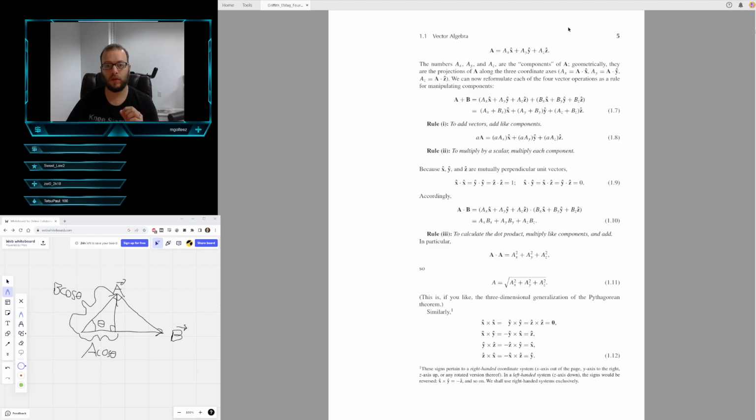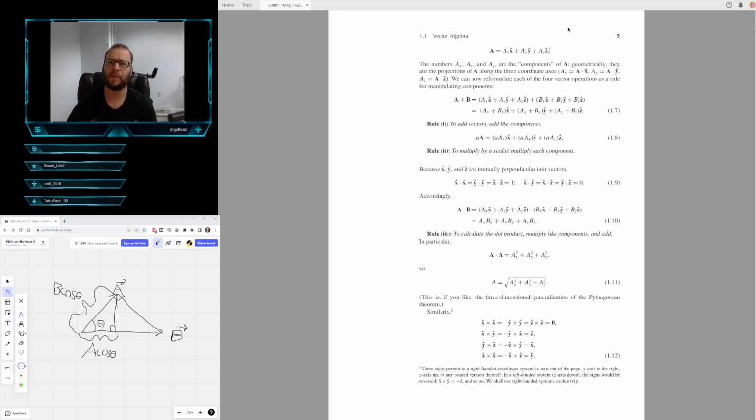So to add vectors, like a plus b, what if you can't do it graphically? You're trying to add two values together. You're trying to add their tip to tail, but you don't have that information.